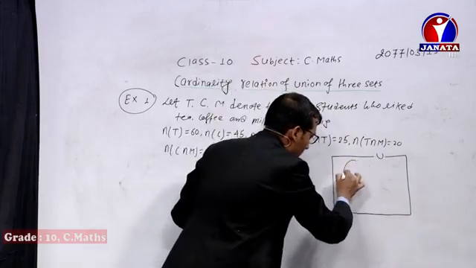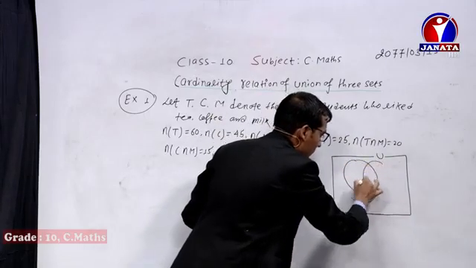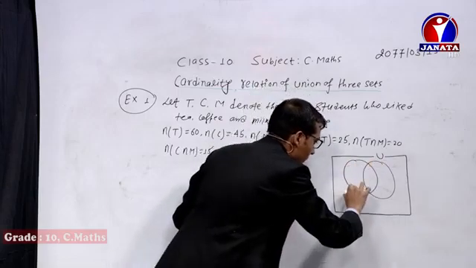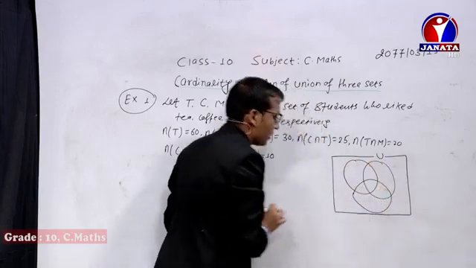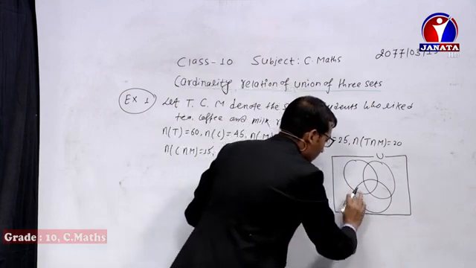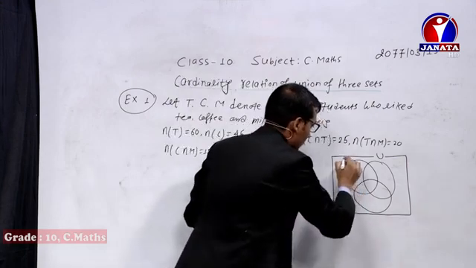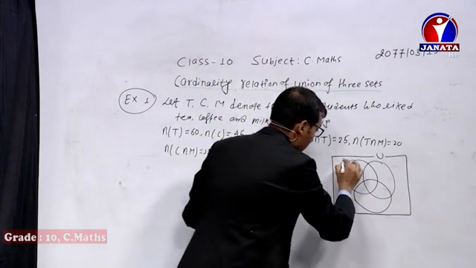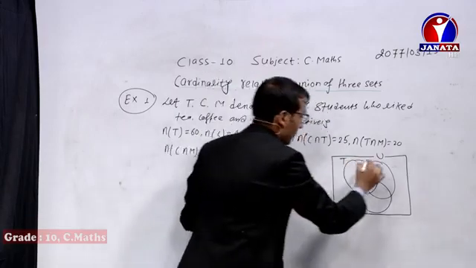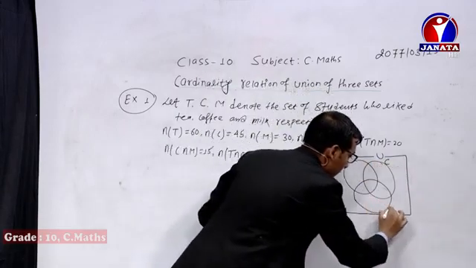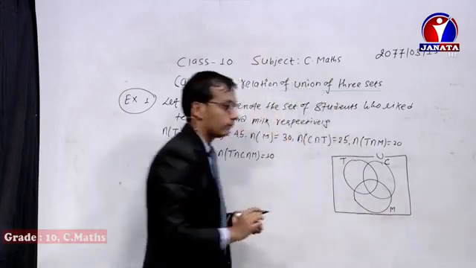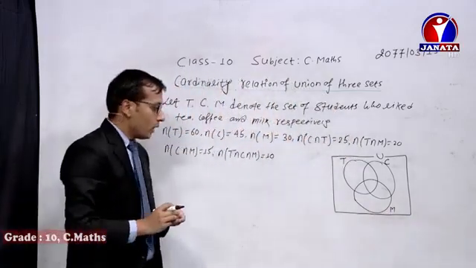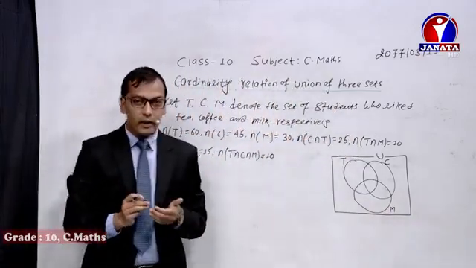This question is based on 3 subsets, so we will draw 3 subsets in a diagram. Let's write, first is T, C and M. Okay. So now how to start filling the diagram?